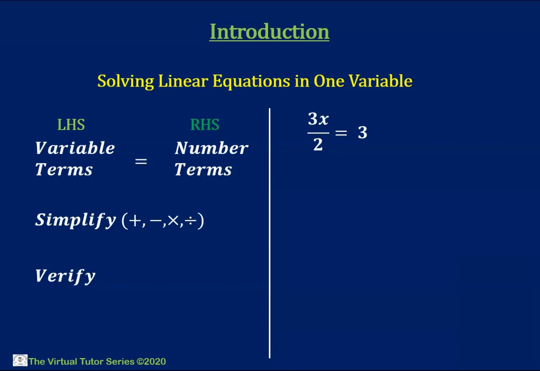We can simply do this by multiplying by the inverse or reciprocal of 3 over 2, which is 2 over 3. So for the left hand side, we have 3x over 2 times 2 over 3.